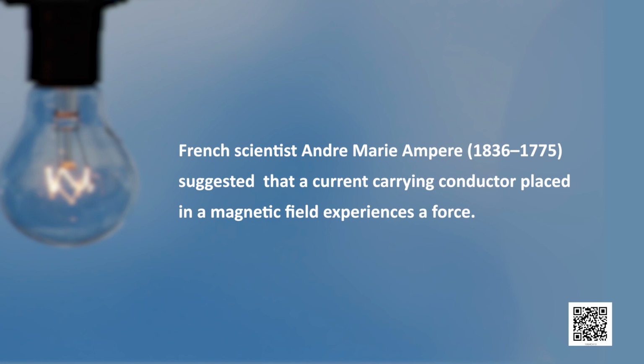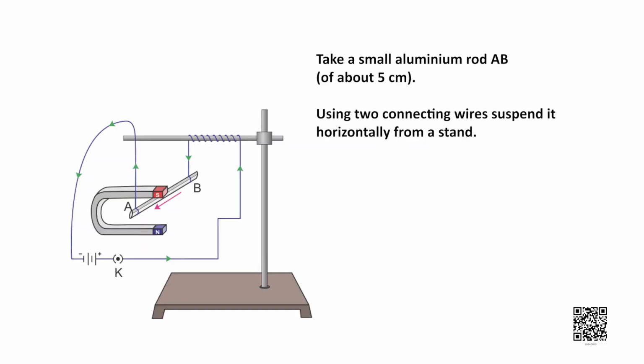Now, the French scientist André-Marie Ampère suggested that a current-carrying conductor placed in a magnetic field experiences a force. The force due to a magnetic field acting on a current-carrying conductor can be demonstrated by an activity. For that, you just need to take a small aluminium rod, maybe of 5 centimeters length.